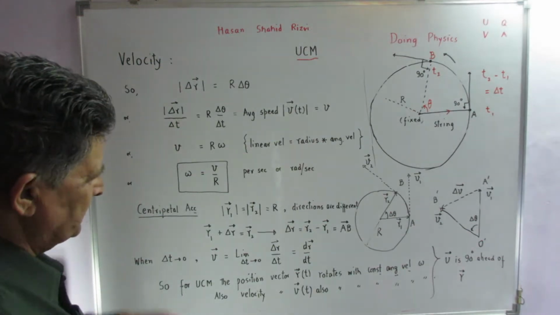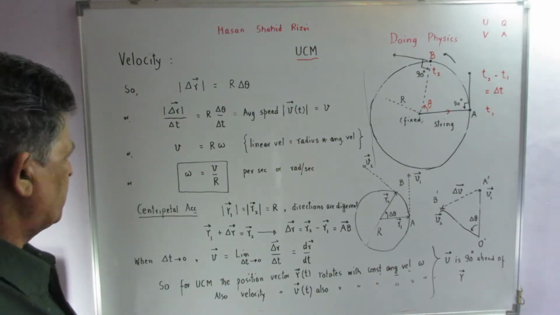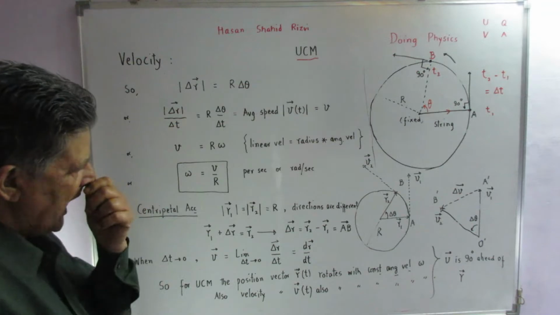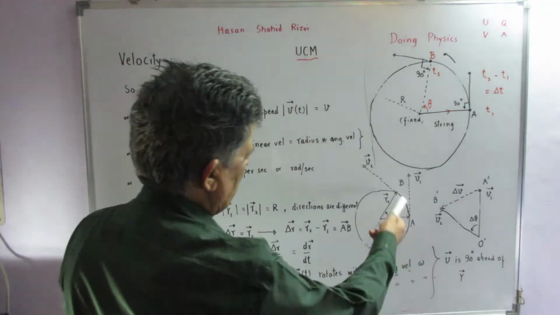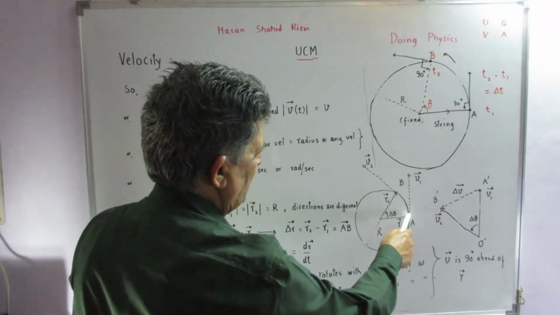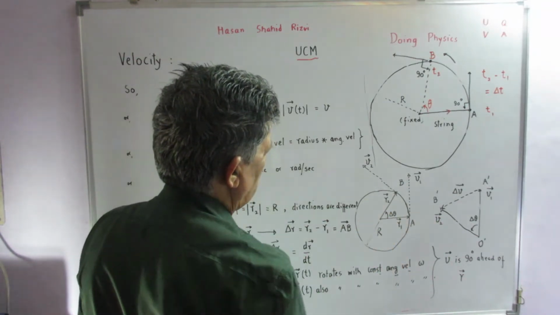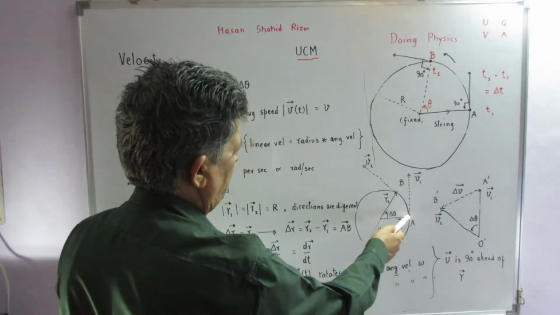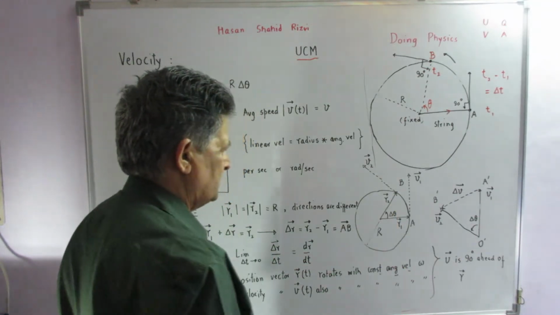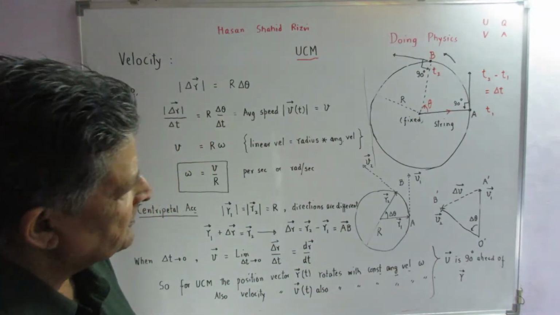Now the next item that I take up is centripetal acceleration, and I draw this circle again. This one becomes r1, this is r2, and this is delta theta, and as I took here, there is the delta r.